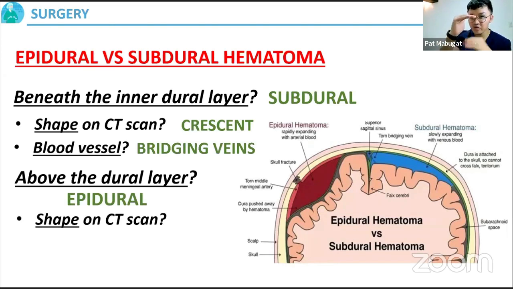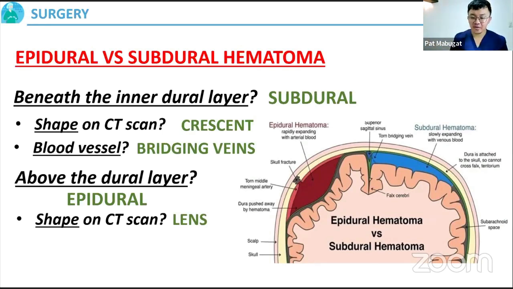Remember, this is bone, this is dura, this is brain. Epidural is above the dura, but below bone. Remember that the dura is actually very closely adherent to bone. It's stuck on bone. If there's a hematoma there, it's only going to get peeled little by little, okay, forming a somewhat lenticular or lens-shaped form, right? It's just going to get peeled off little by little because it's stuck to bone.